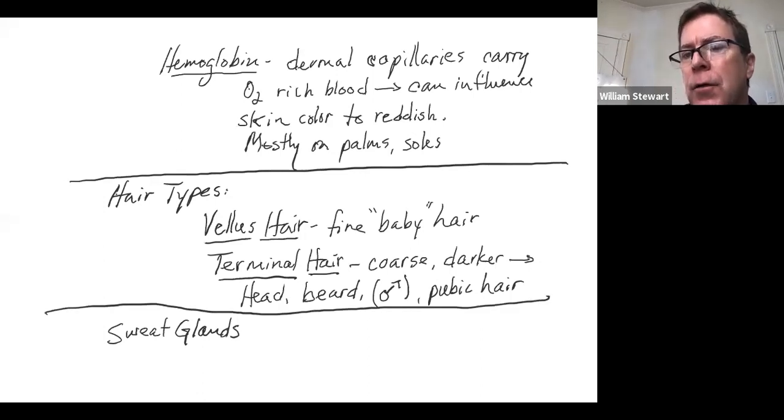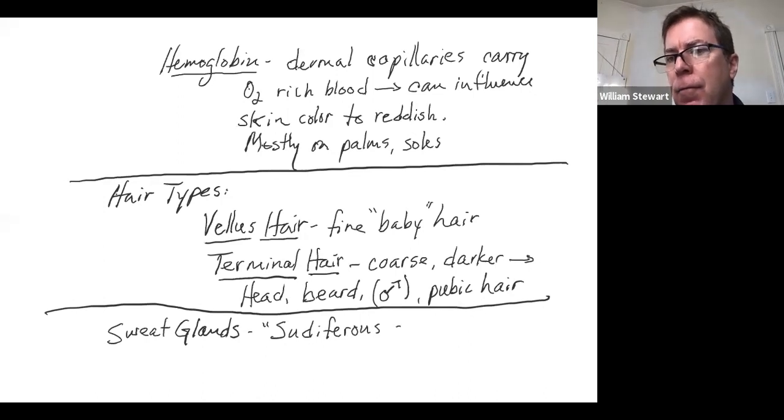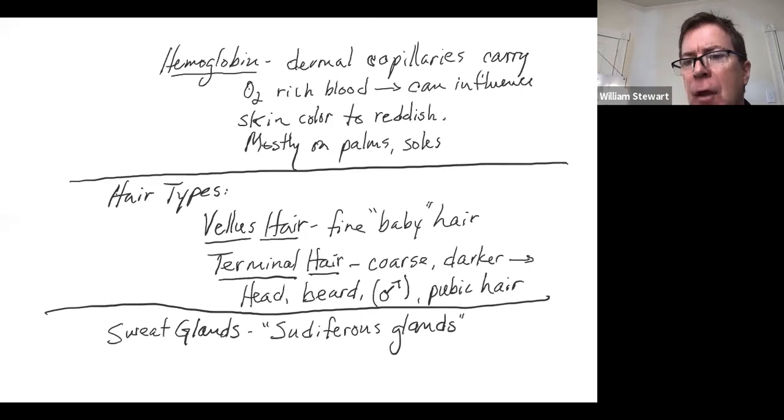These are also called sudoriferous glands. Sort of the scientific language of sweat glands is sudoriferous glands. I'll give you some fun facts about them, then I'm going to go into the specific types of sweat glands that we have in the human body.